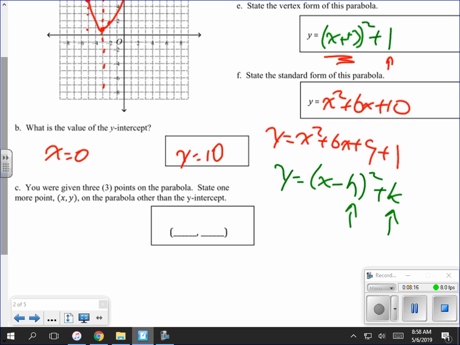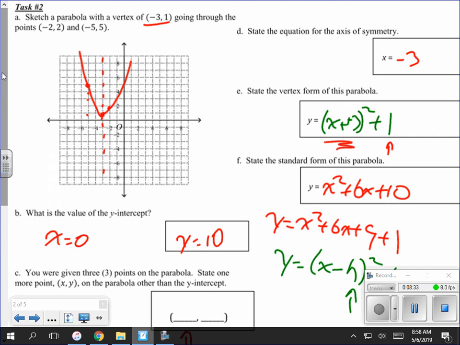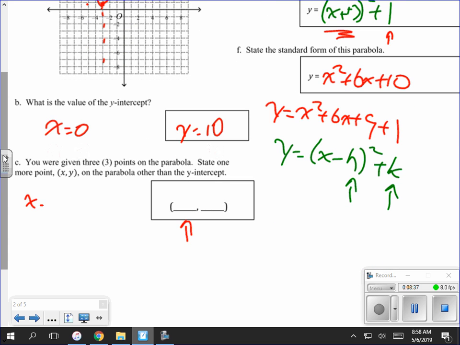Next one, you were given 3 points on the parabola. State one more point on the parabola other than the y-intercept. Basically, you pick any x-coordinate you want except for the 3 that are given and 0. So I can't use -3, -2, and -5. X can't be -2, -3, -5 because those were already given. And it can't be 0.